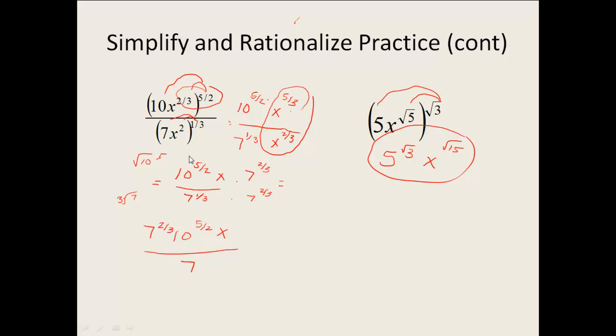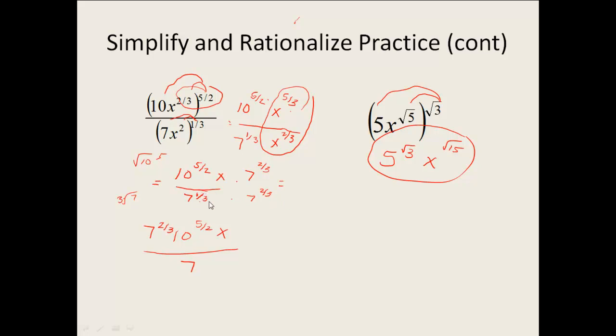Once I got to this point right here, I realized, you know what, I have a radical in the denominator. Even though the symbol isn't there, 7 to the 1/3 is really the cubed root of 7. So you have to make sure you start thinking about anytime you have a fractional exponent, you have a radical. So what I did was I asked myself, what do I need to multiply by so I can get that exponent of 1 on the denominator?